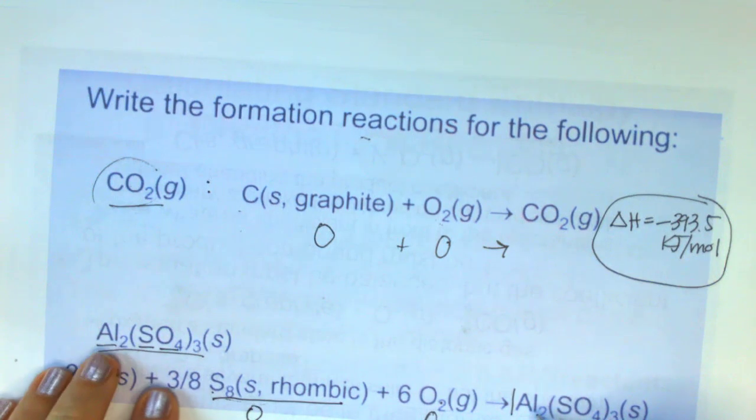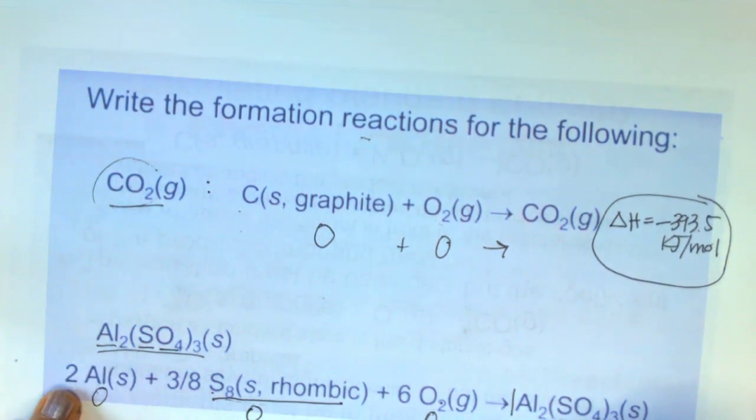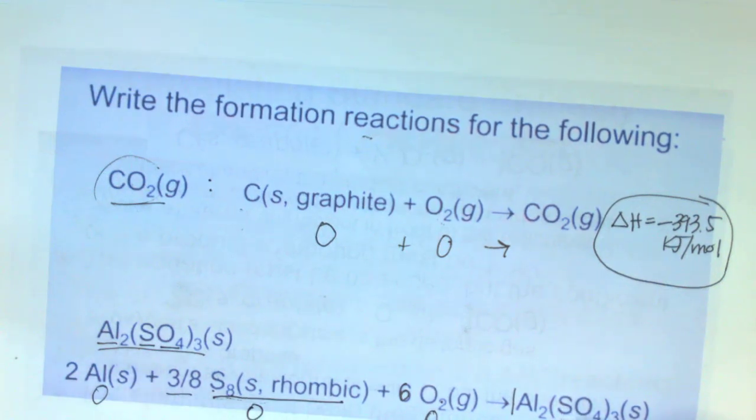Because aluminum sulfate has Al2, that's why I have 2 aluminums on the left. It's a balanced equation. Notice that I have 12 oxygens, so I have a 6 right here. I have 3 sulfurs, but remember my sulfur in natural state is S8. So that's why I have a fraction here. 3/8 will get me those 3 sulfurs for my product.